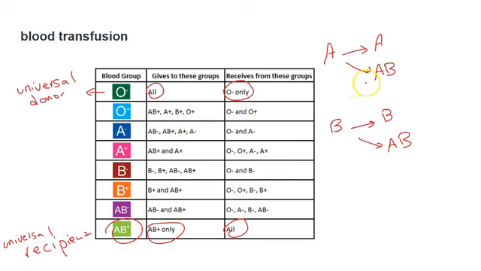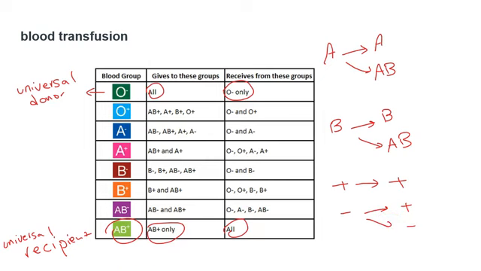And then for positive and negative, positive can donate to only positive, but negative can donate to both positive and negative.